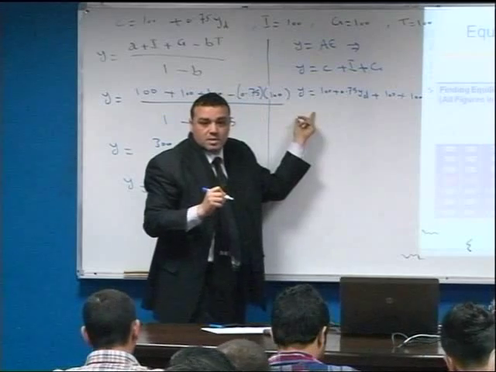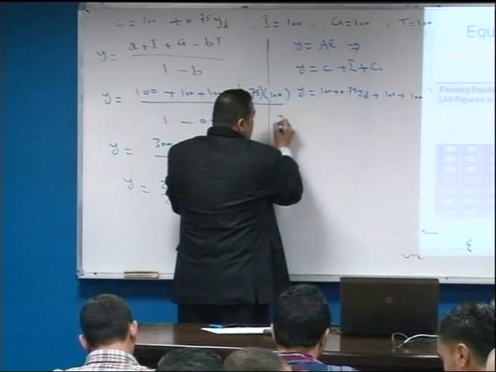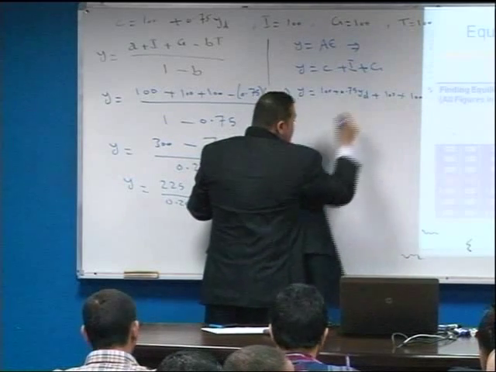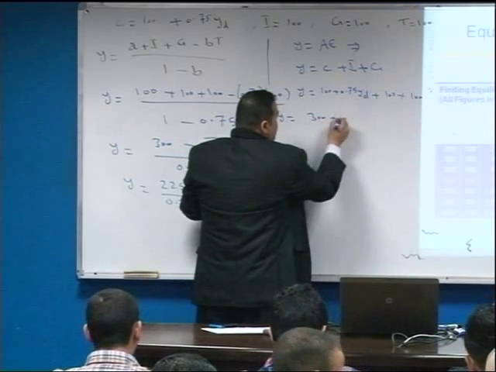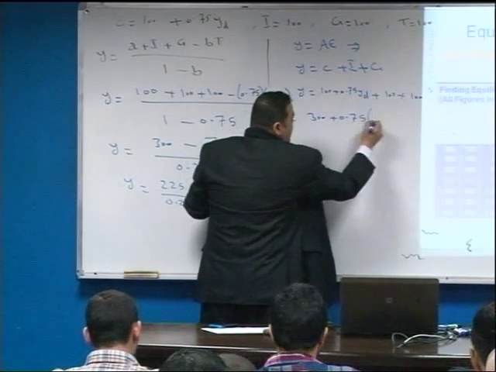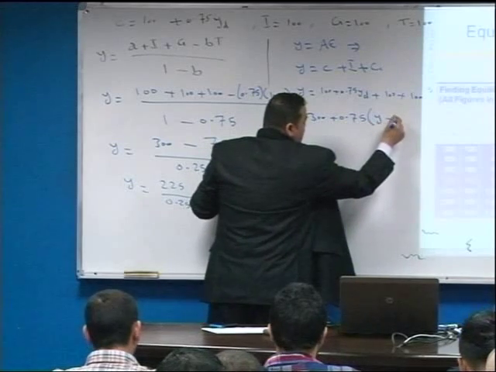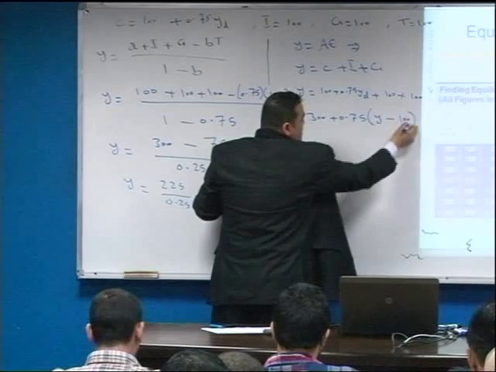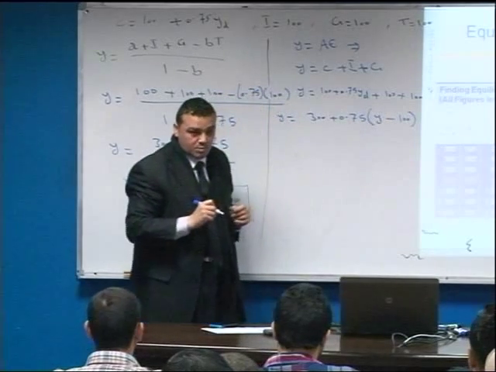So Y equals, adding these, 100, 100, 100, 300 plus 0.75 YD, which is Y minus T. T equals 100.